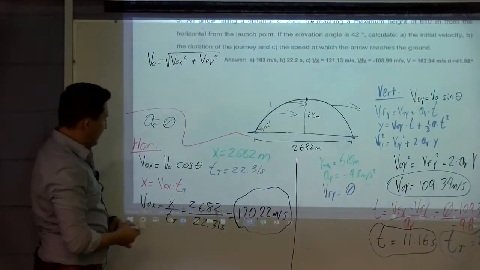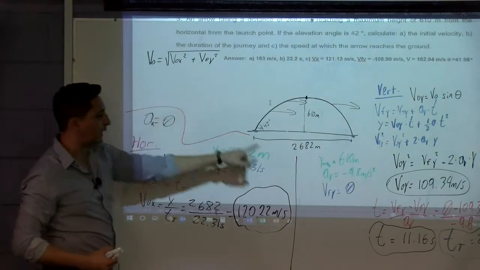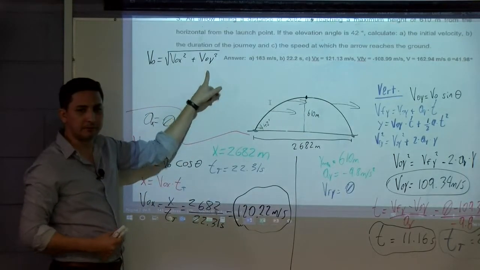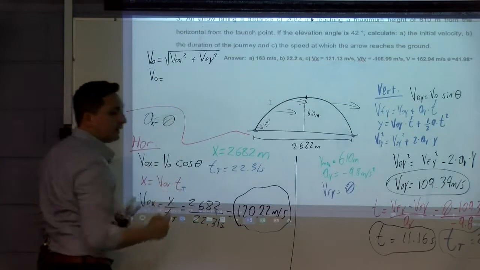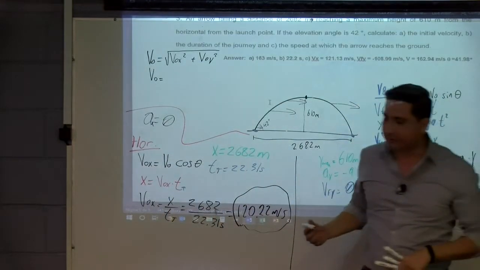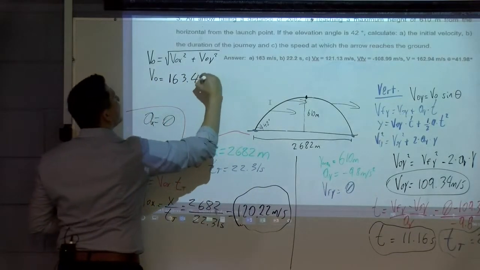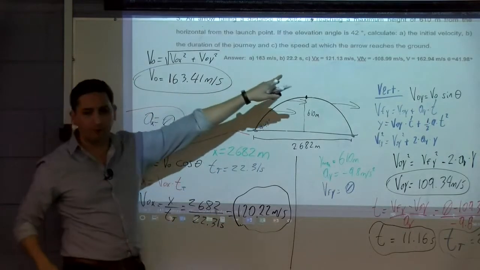So we have VOX, we replace it here. We have VOY, you replace it here. So my VO, my initial velocity vector, will be 163.41 meters per second.